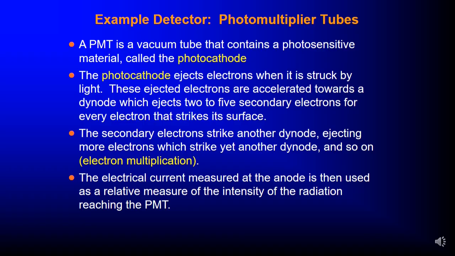The secondary electrons strike another dynode, ejecting more electrons which strike yet another dynode, and so on. What we call electron multiplication. The electrical current measured at the anode is then used as a relative measure of the intensity of the radiation reaching the photomultiplier tubes.